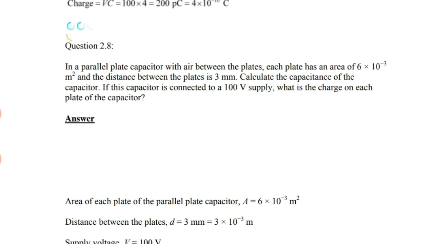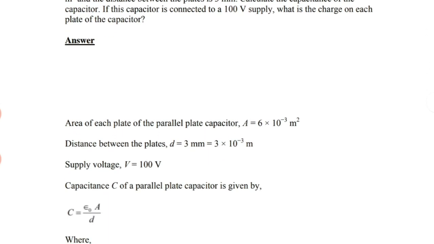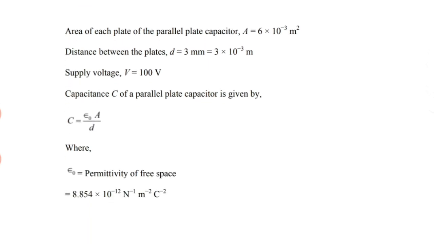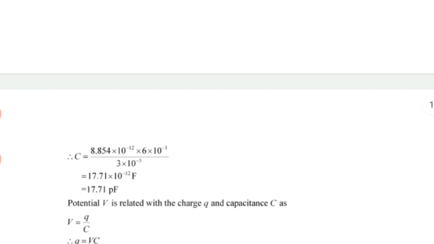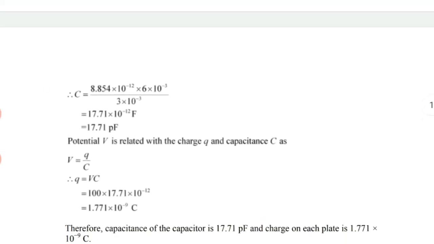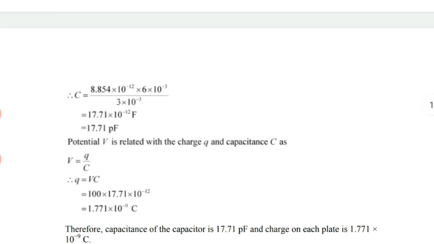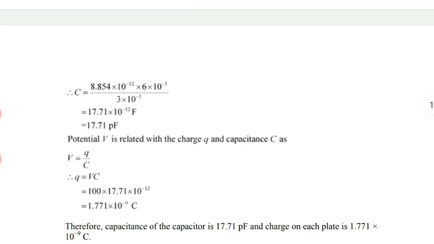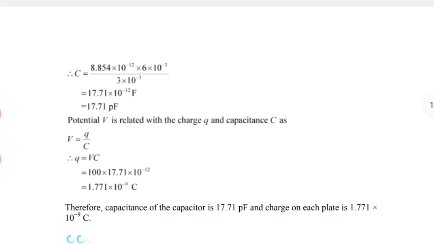That means Q equal to CV. So it is a direct substitution problem. After calculation we get the capacitance as 17.71 × 10^-12 farad. Then you can find Q by multiplying it with the potential difference, so it will be 1.771 × 10^-9 coulomb.